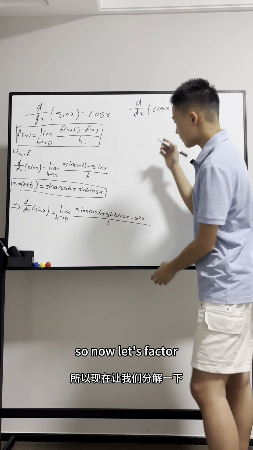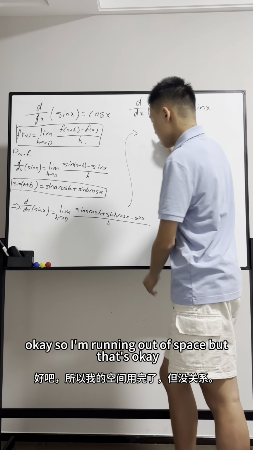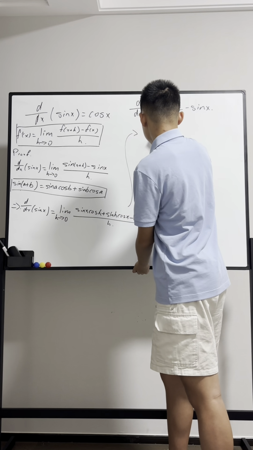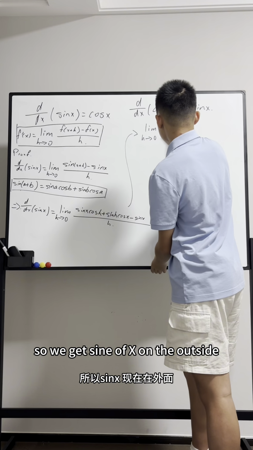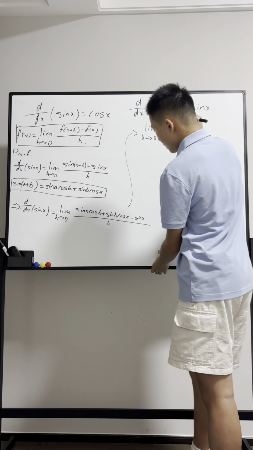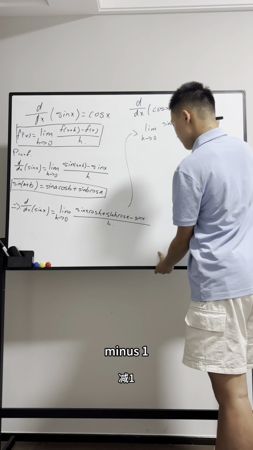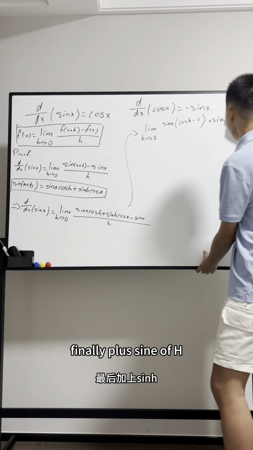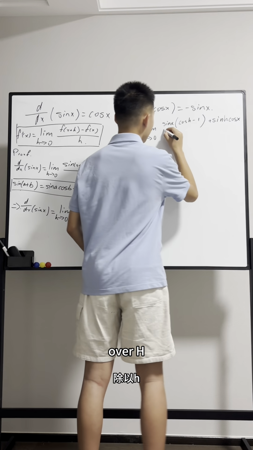So now let's factor. Okay, so I'm running out of space, but that's okay. Let's factor out the sine of x. So we get sine of x on the outside. On the inside, we have cosine of h minus 1, finally plus sine of h cosine of x over h.